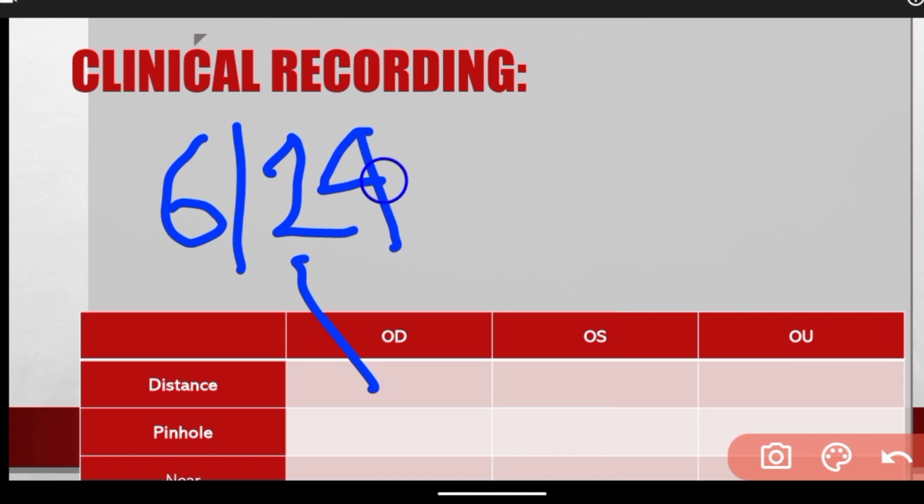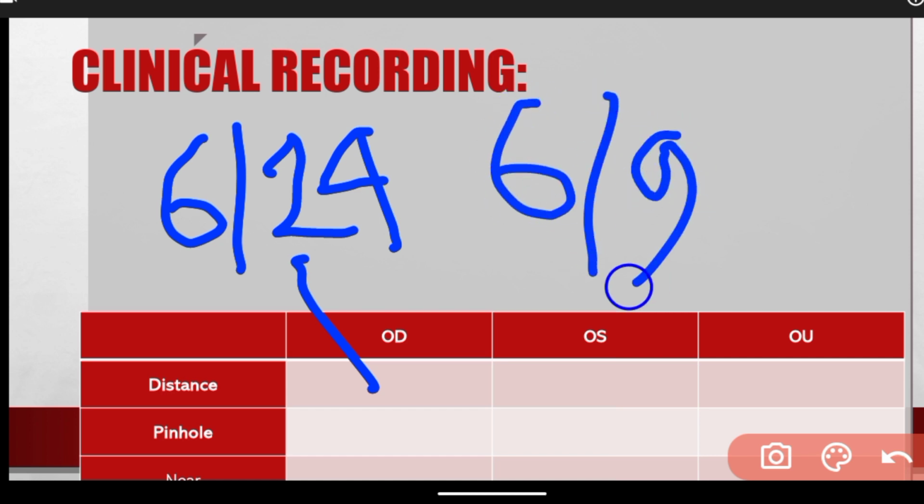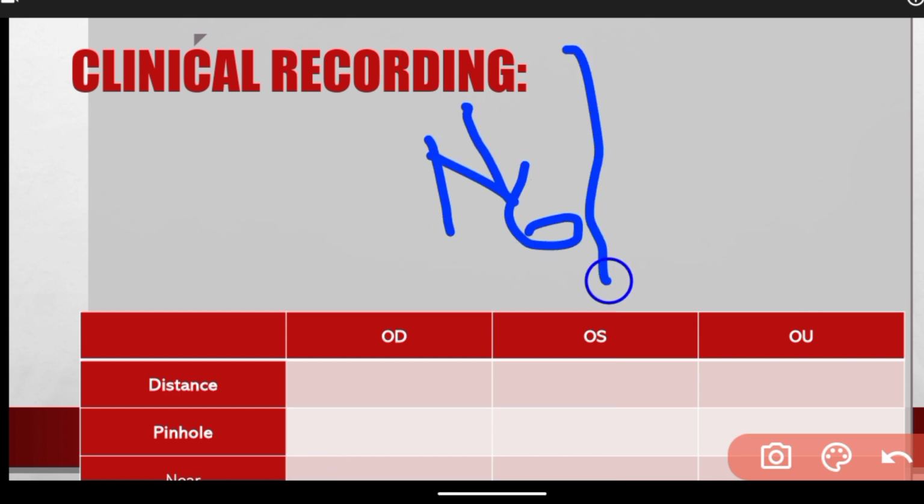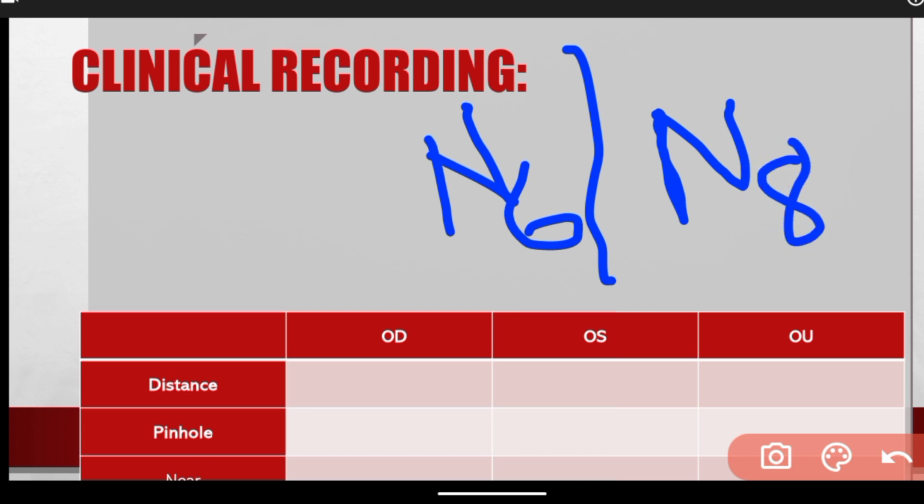After putting a pinhole, the visual acuity increases, and now it is 6/9. We also record the near visual acuity. The near visual acuity is recorded as either N6 or N8. Okay, so hope all of you can understand.